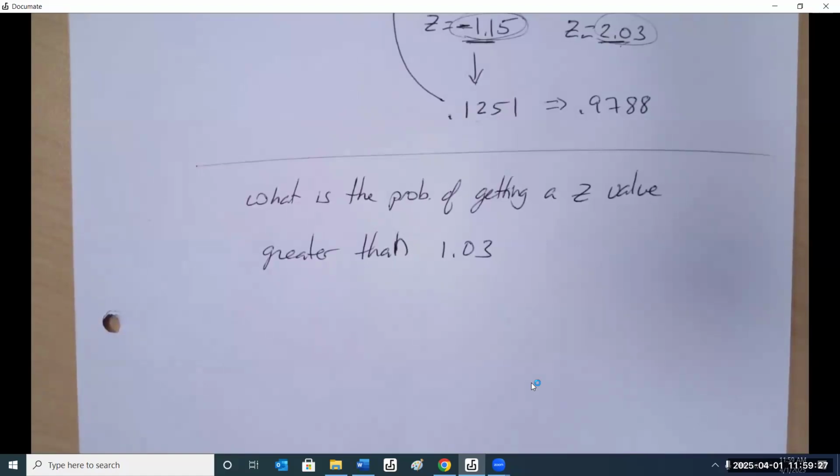Nope. Think about what it says. Yes, think about what it says. What is the value in the chart telling you?